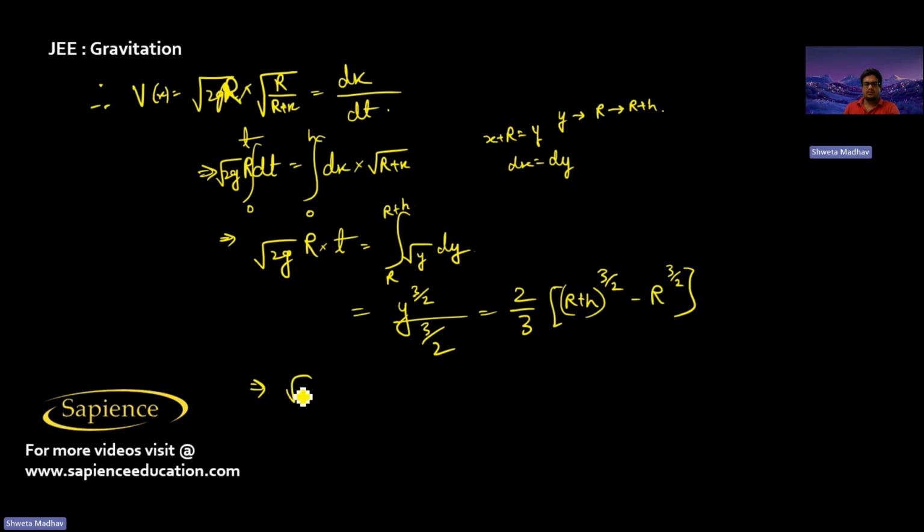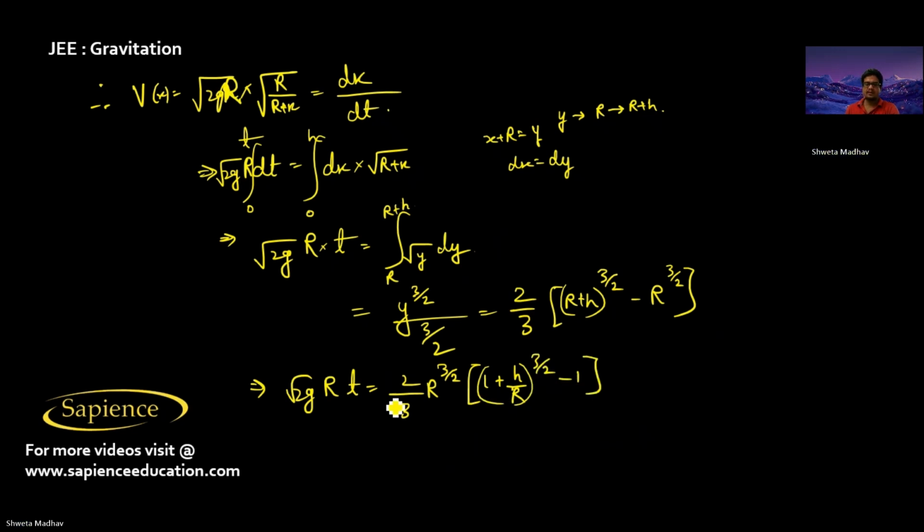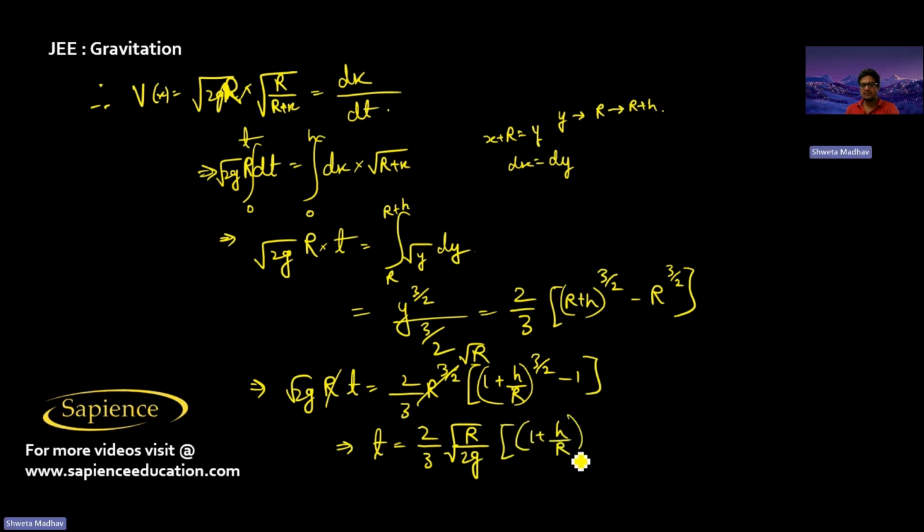Therefore, I can say root 2 g r into t, that is equal to 2 by 3 into r power 3 by 2 into, I can say, (1 plus h by r) power 3 by 2 minus 1. Here root r will come. So t will be equal to 2 by 3 root over r by 2g into (1 plus h by r) power 3 by 2 minus 1.